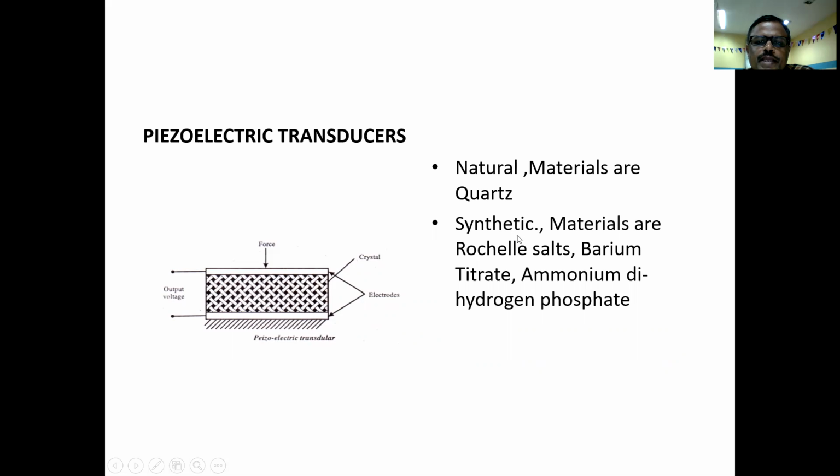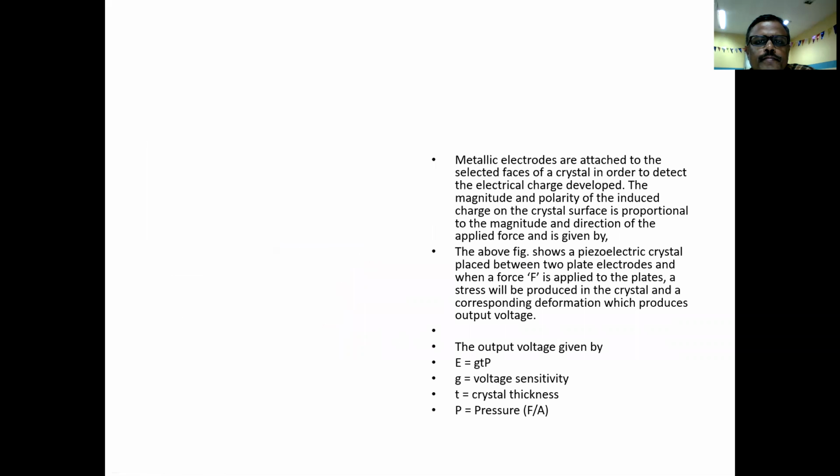Then there also can be synthetic materials like Rochelle salt, barium titanate, ammonium dihydrogen phosphate. Then the voltage is given by this equation: E is equal to G into T into P, where G is the voltage sensitivity, T is the crystal thickness, and P is the pressure. So the output is given by this equation.